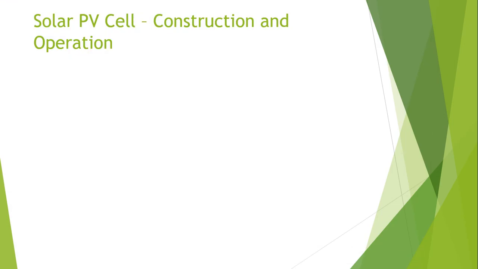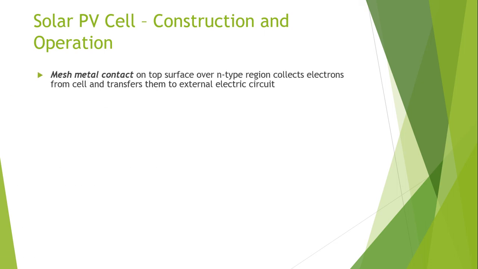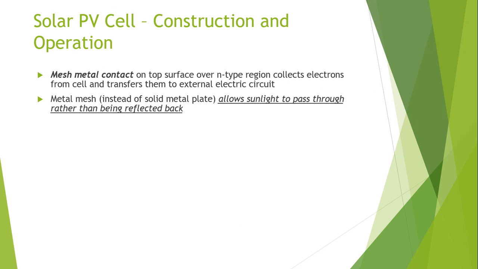Now I will discuss a little about the construction and operation of solar photovoltaic cell. So there is a mesh metal contact on the top surface over n-type region, which collects the electrons from the cell and transfers them to the external electric circuit.